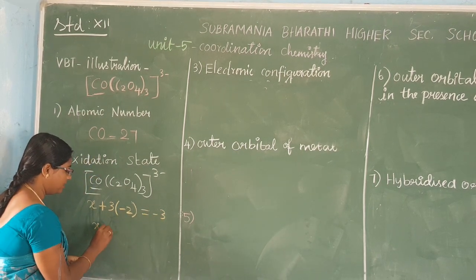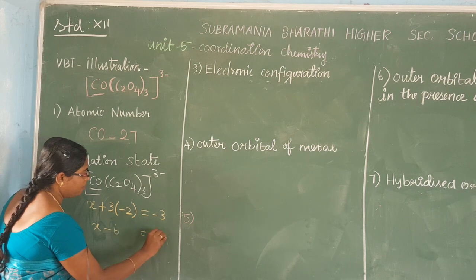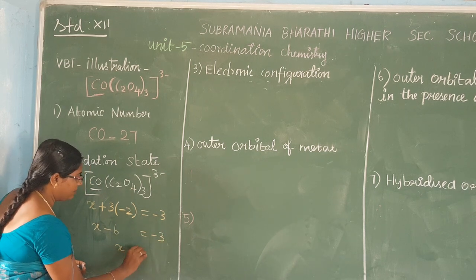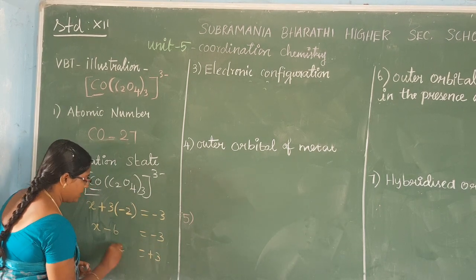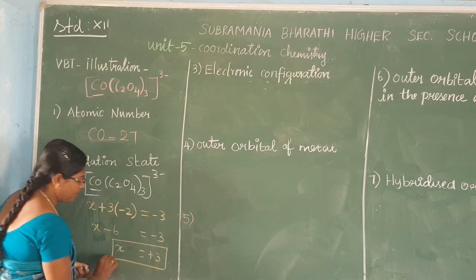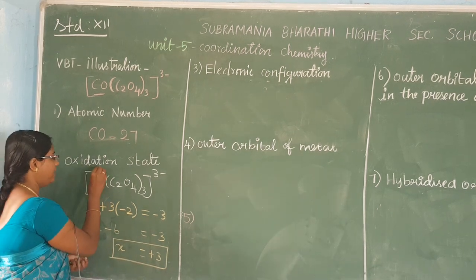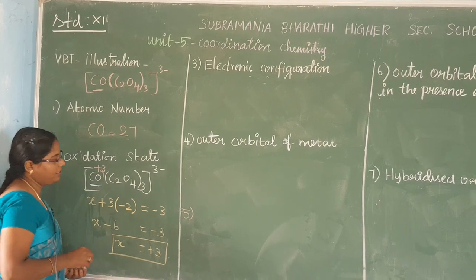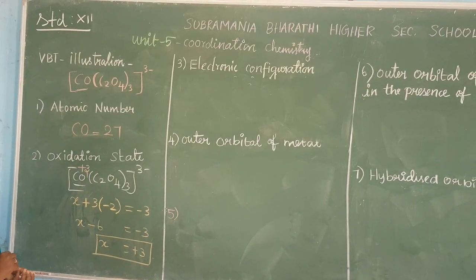So what will be the answer that I will get? Minus 3. So X is equal to plus 3. What is the oxidation state of the cobalt here? It is in plus 3 oxidation state.